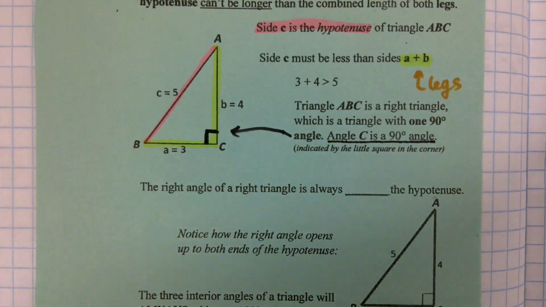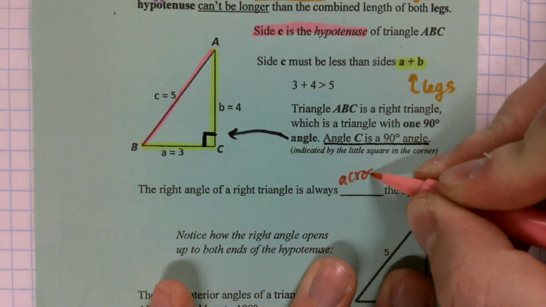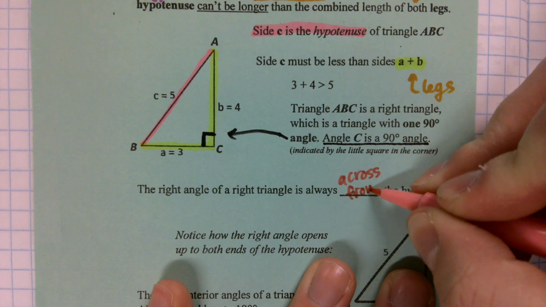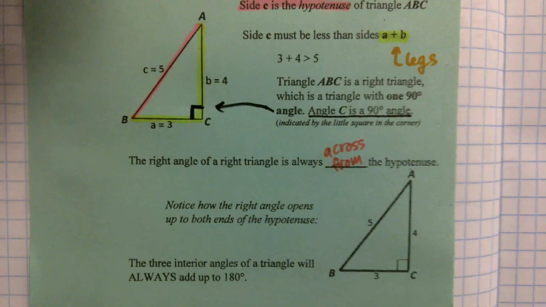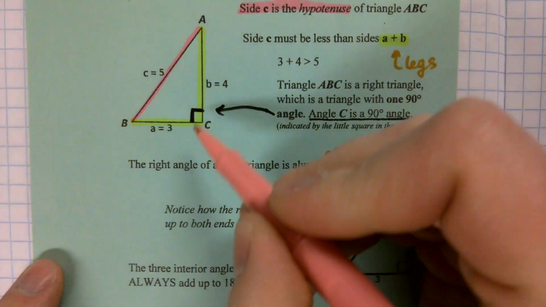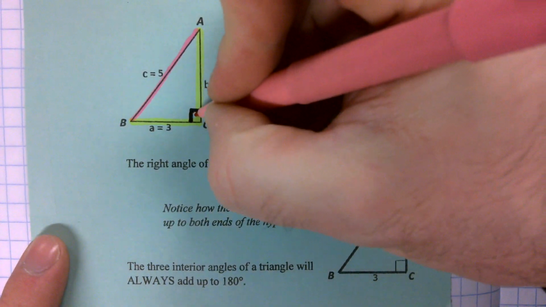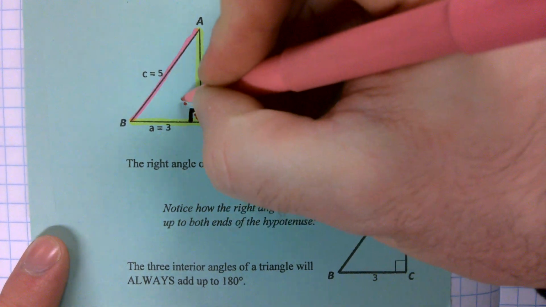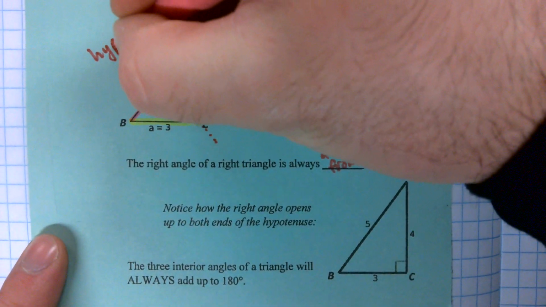Is always across from, I know that space is not very large, I had to make it fit, is across from the hypotenuse. So this little square here, we could think of like an arrow pointing to my hypotenuse.